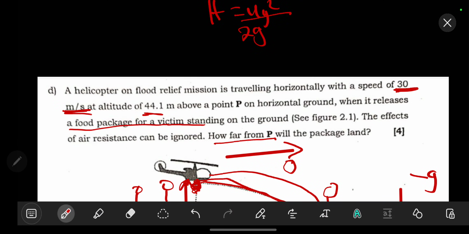It is not resolved into its components like that. If you want, you can say 30 cosine of 0 degrees, since there is no angle of projection, it will still give you 30. And for the uy, if you say 30 sine of 0 degrees, it will give you 0.